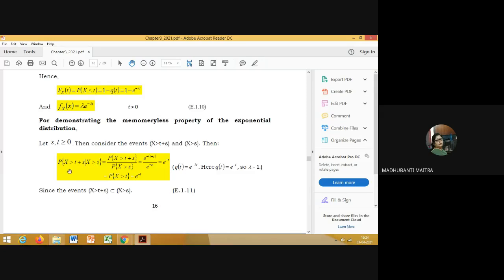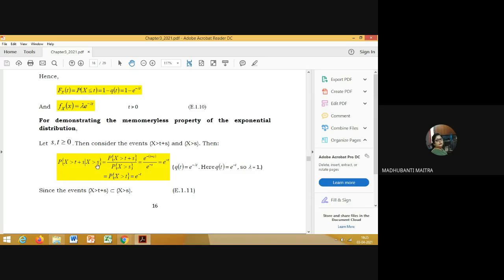So this is a conditional probability, and from the definition of these two events, again I'm repeating, the first event will occur after 4 hours, and this one is the first event will occur after 1 hour.